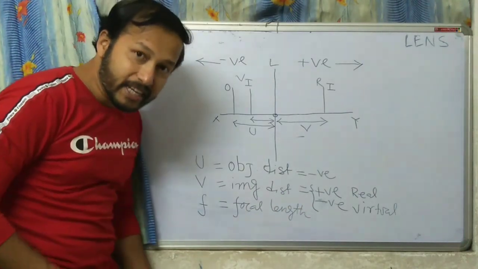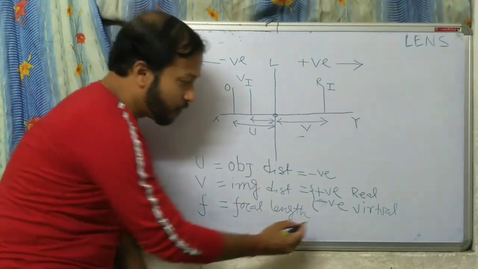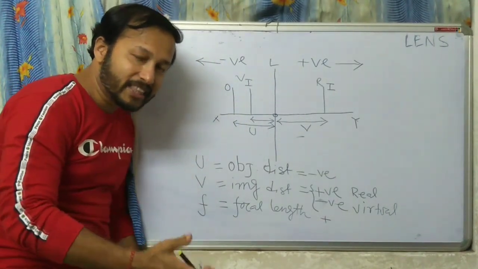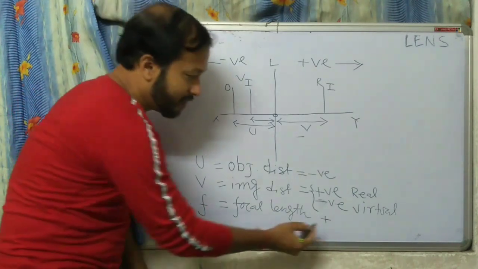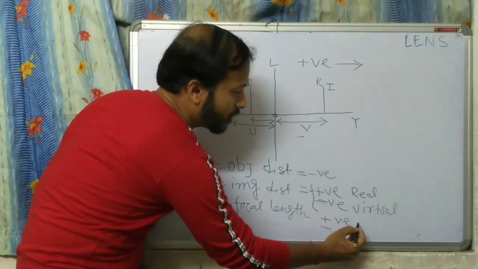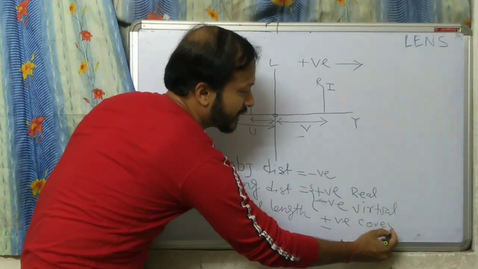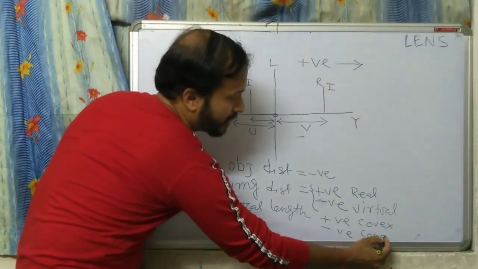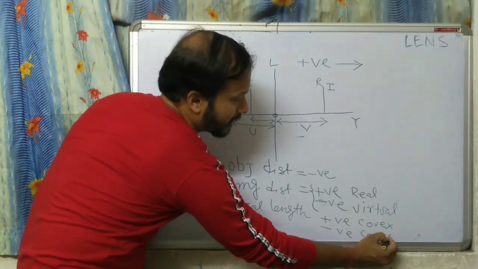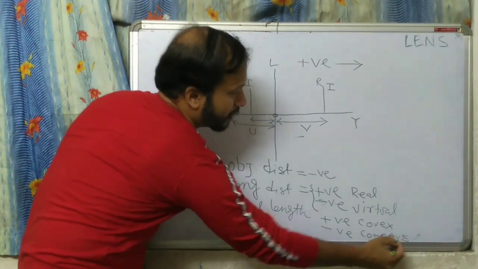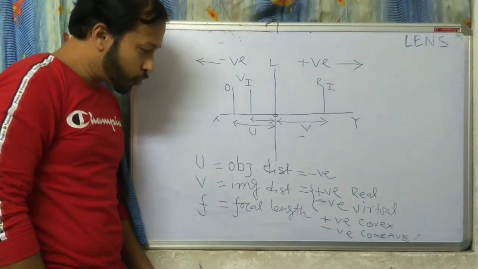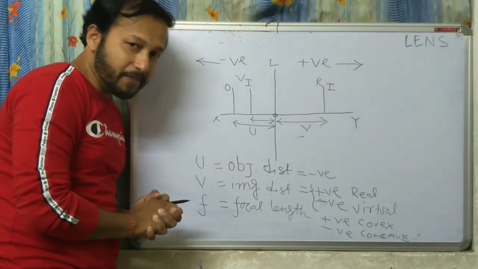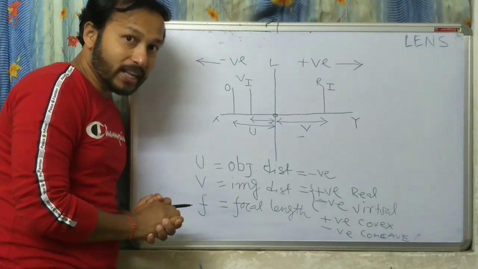Now, if it is a convex lens, then focal length is positive. If it is a concave lens, then focal length is negative. So positive for convex and negative for concave. Correct? So if it is a convex lens, then focal length is positive. If it is a concave lens, focal length is negative.